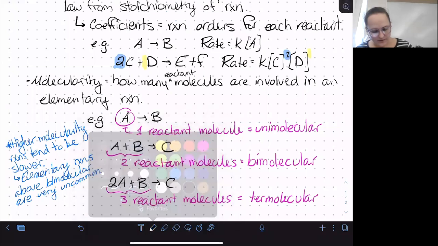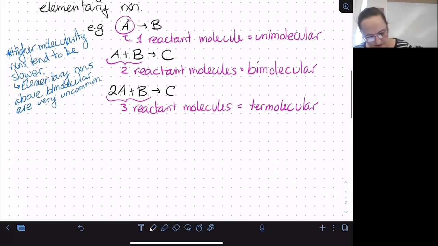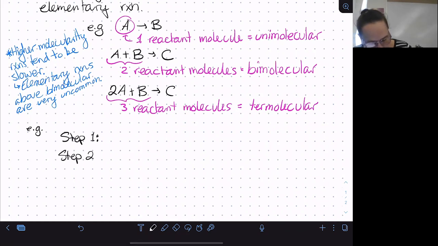So a mechanism will always be given to you as a series of steps. And I just want to look at an example of a mechanism, something super generic, and talk about a few things that you should be able to do with a mechanism.